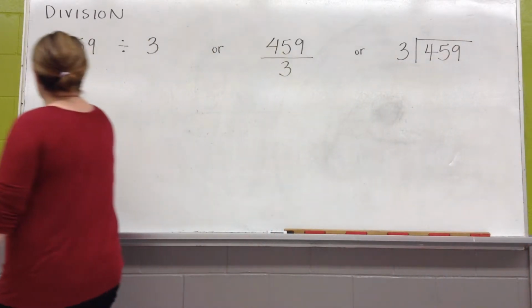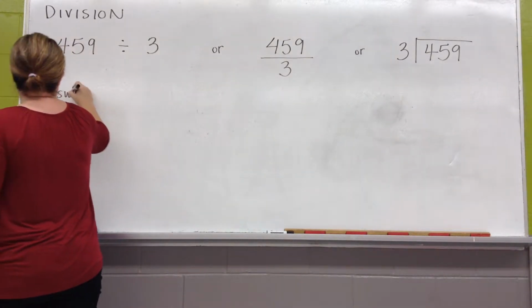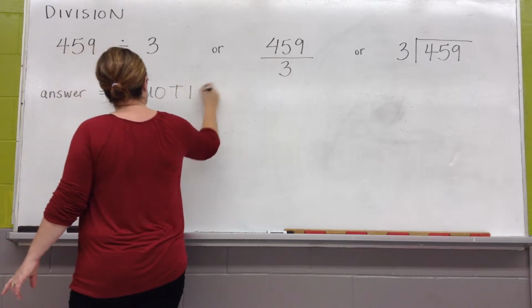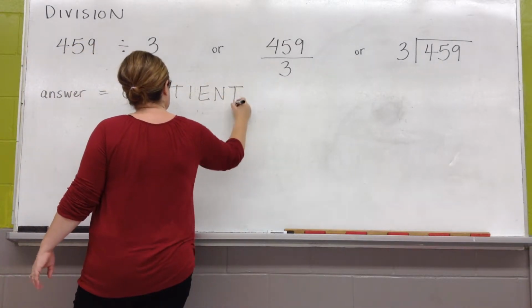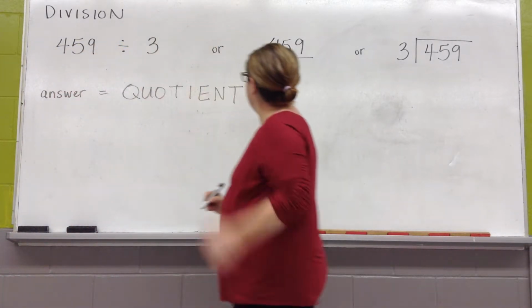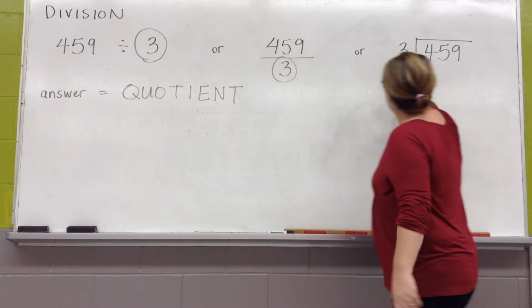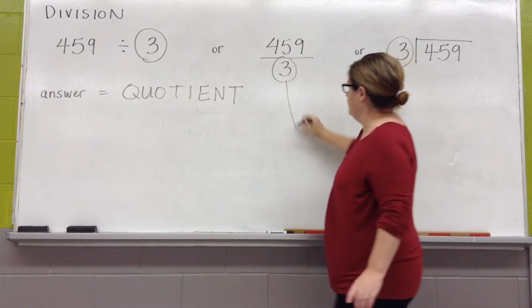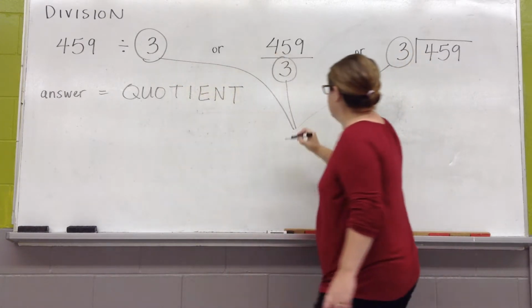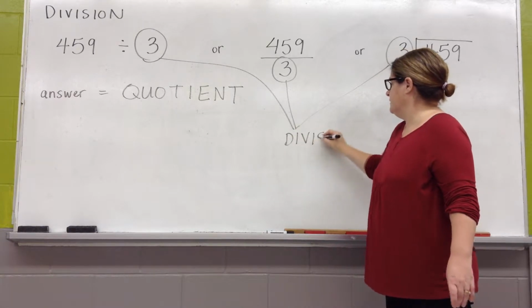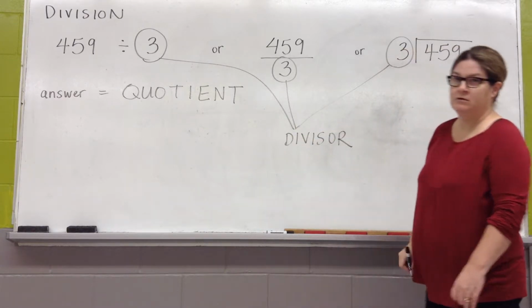In this case, our answer is always called the quotient. And the number, in this case the 3, that is doing the dividing is referred to as the divisor.